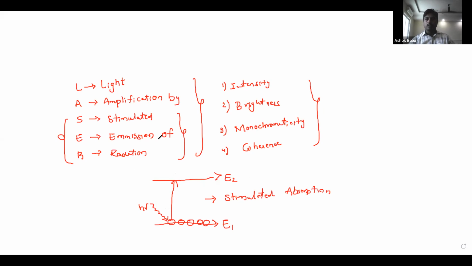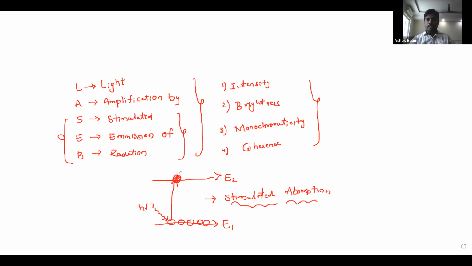The first one is stimulated absorption: atoms in the ground state absorb energy and are excited to the higher energy state. So this is an excited atom, appearing in the excited state.